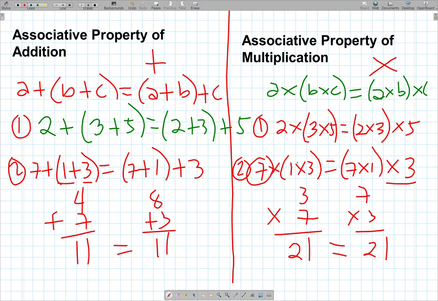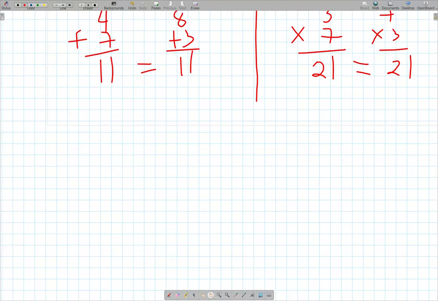Okay? So makikita mo ang diferensya ng commutative at saka associative. Sa commutative, for example, meron tayong 2 plus 5 equals 5 plus 2. Anong tawag mo dito, class?